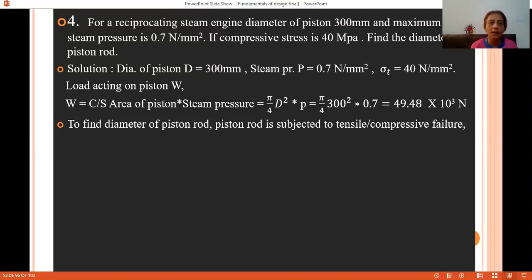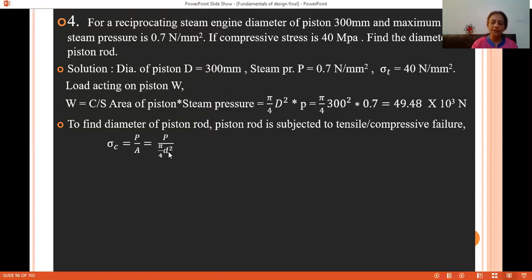So if we consider a compressive failure, because we are given a compressive stress, then the formula for compressive failure of the piston rod is sigma C is equal to load upon area. Here we will denote the diameter of the piston rod by small d.